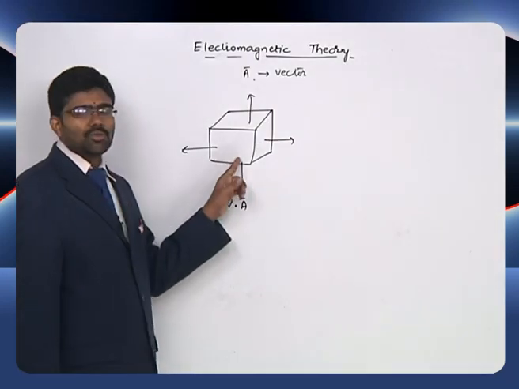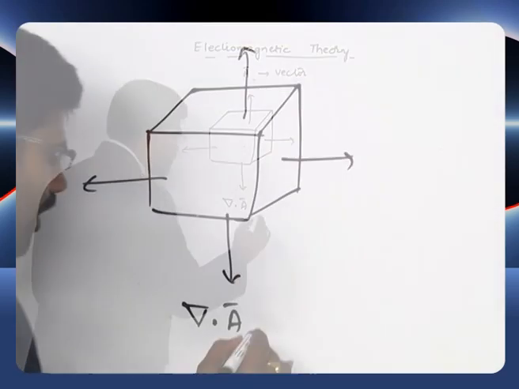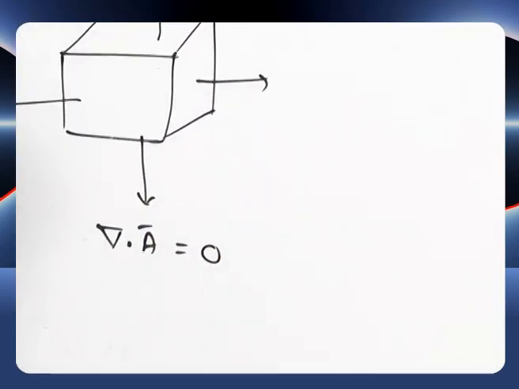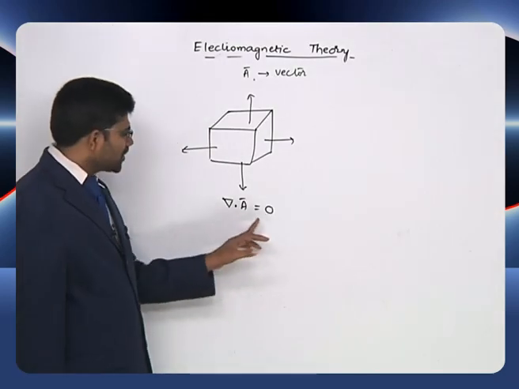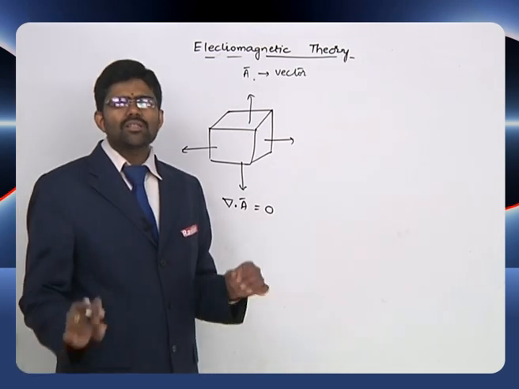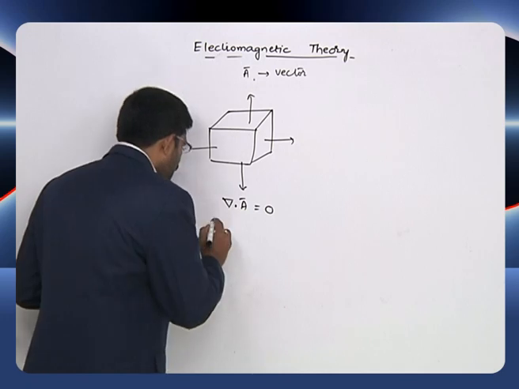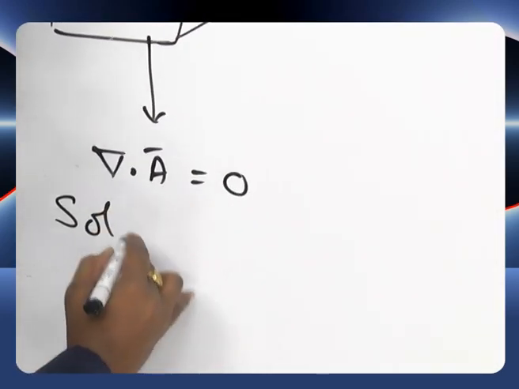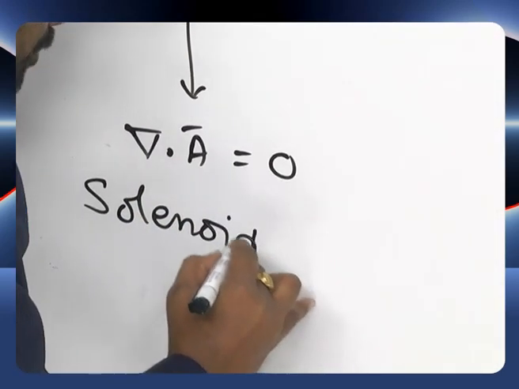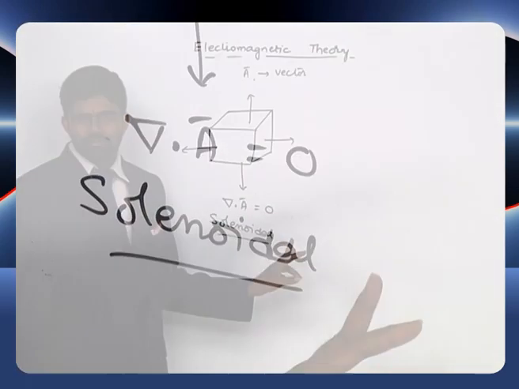Now if no field is going out from the volume, then the divergence is equal to 0. That means nothing is oozing out of the volume we are considering. This condition is called solenoidal, and the vector is called a solenoidal vector. Its divergence is always equal to 0.